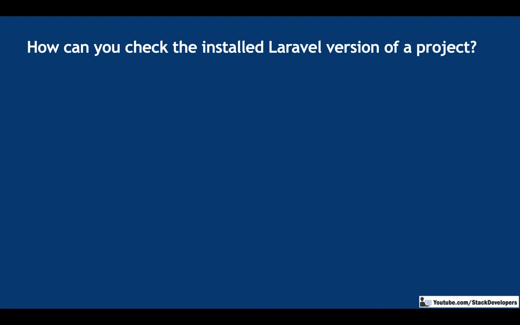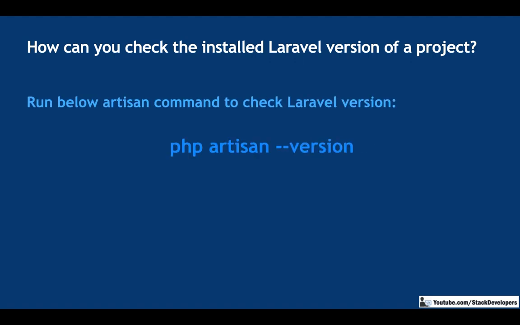The artisan command to check the Laravel version is php artisan --version. By giving this command in the terminal, we can easily find out which Laravel version we have installed for our project.